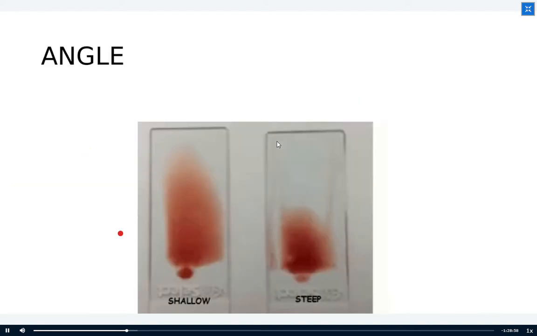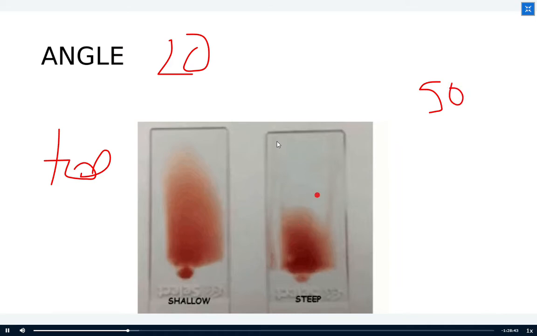Now, if your angle is too shallow, meaning masyadong mababa, let's say you went at a 20-degree angle, it would become too long. But if it is too steep, masyadong mataas, class, let's say you went to 50 degrees angle, it would become too short. Ulitin ko ha, if your angle is too shallow or too low, it would become too long. But if your angle is too high, the smear would be too short.